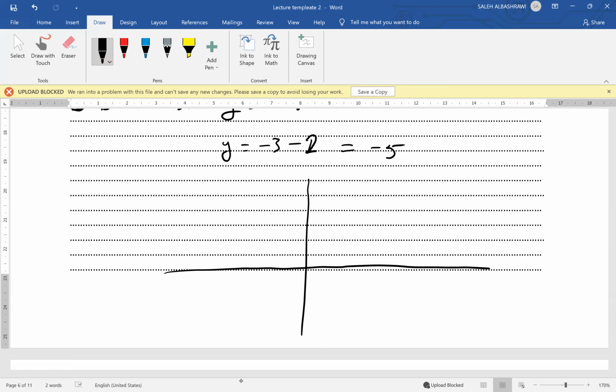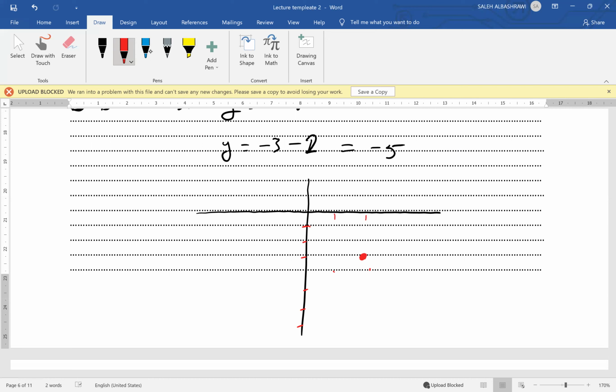Vertex is 2 and minus 3. This is minus 1, minus 2, minus 3. Have to make it up a little bit. Minus 1, minus 2, minus 3, 1 and 2.